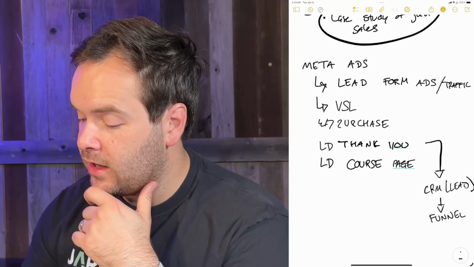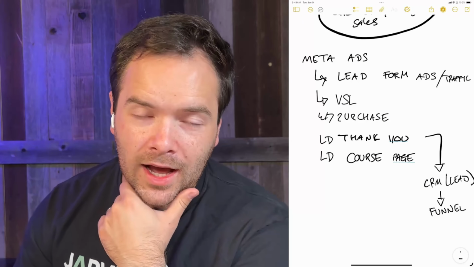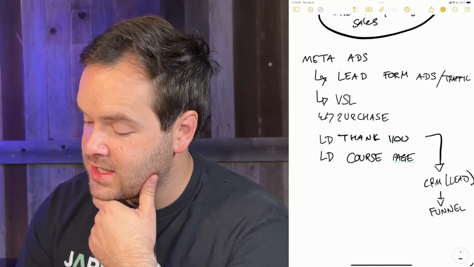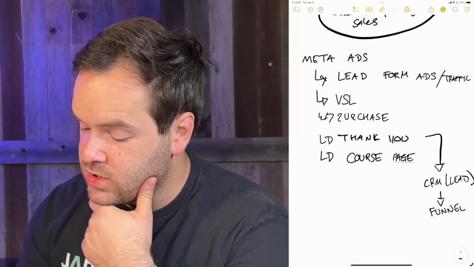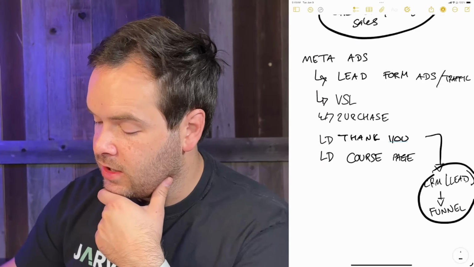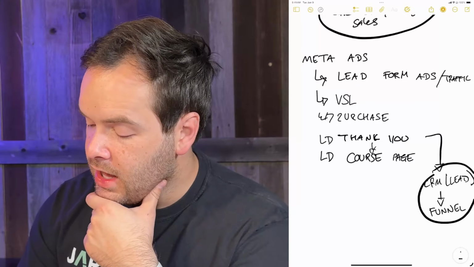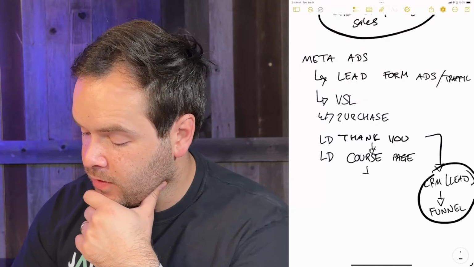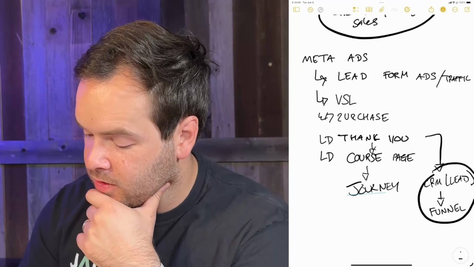And then ultimately, the customer journey here is that they come to the lead form ads, they like the offer, they go to the VSL, they're sold on it, they purchase. Then it goes to a thank you page, which tells them the next steps. They become a lead in your CRM. They go to the course page to get started. And then they have their journey. They hopefully complete the course, and it's amazing, and they have a great experience.